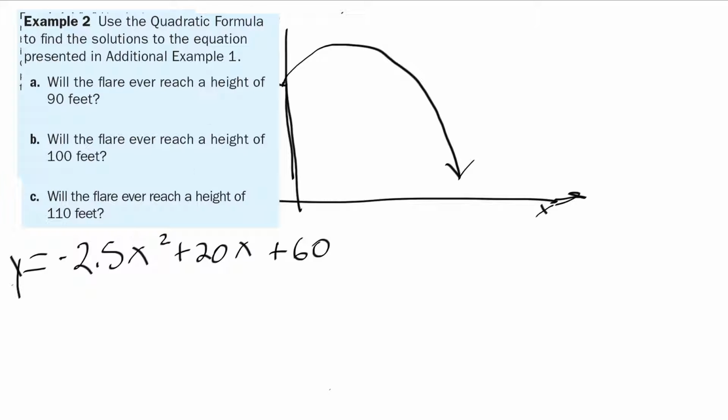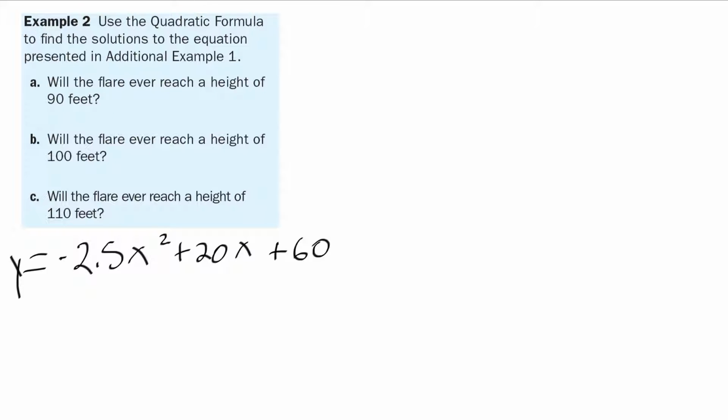So now that I have that, I can go in and look for some solutions. So at 90 feet, the expression we get is that 90 equals a negative 2.5x squared plus 20x plus 60.